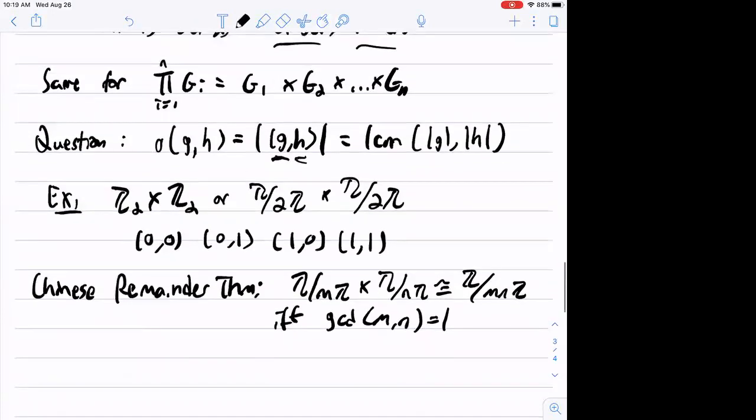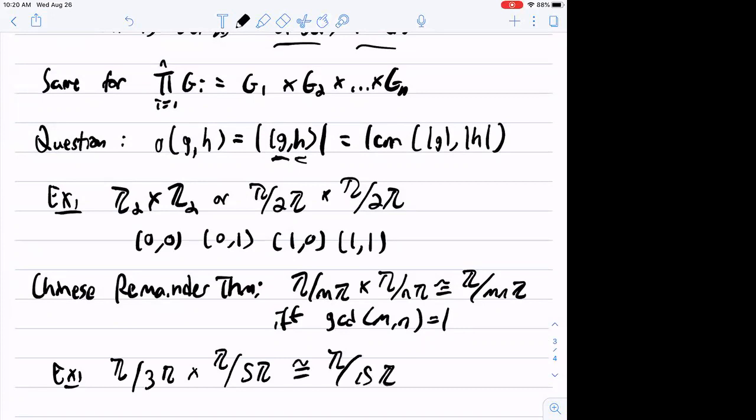So if they're co-prime, they're isomorphic to just that cyclic group. For example, Z mod 3Z cross Z mod 5Z is isomorphic to Z mod 15Z because 3 and 5 are co-prime.